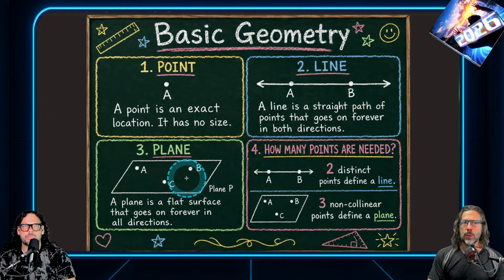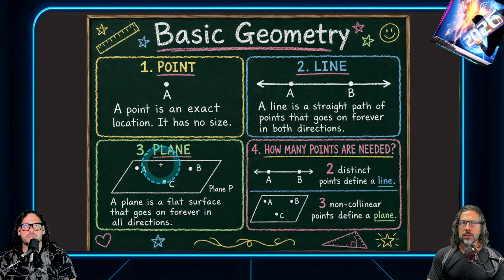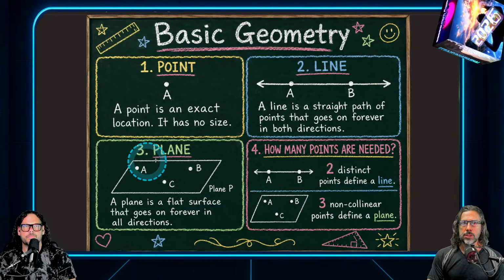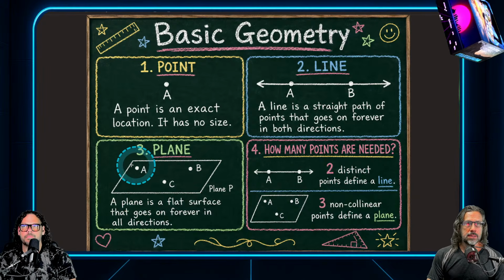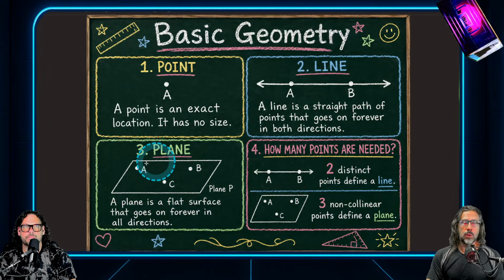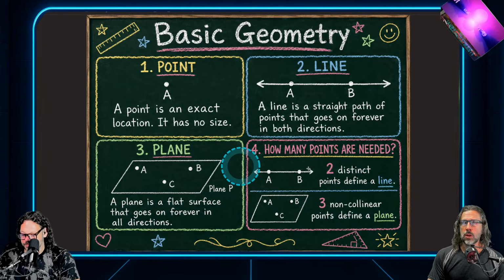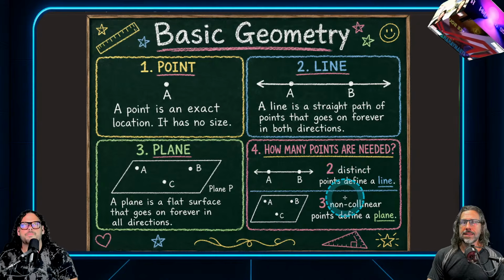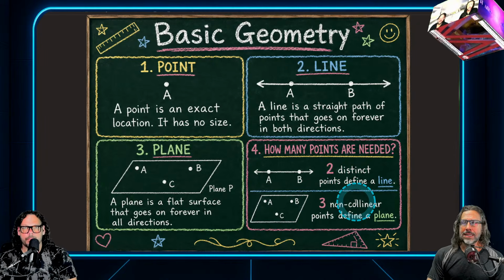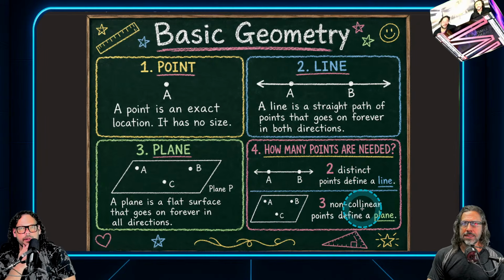Then all of a sudden you can have a plane, which is going in all directions, and these 3 points define the plane. So how many points are needed? A line takes 2 distinct points, and a plane takes 3 non-linear points.